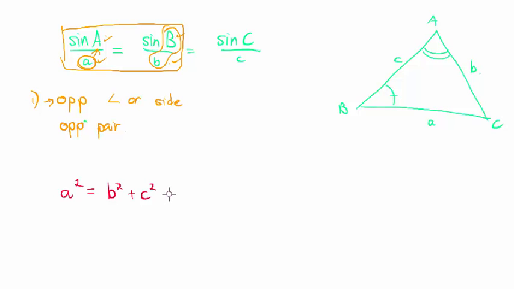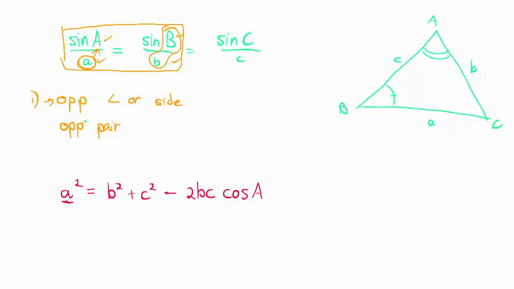It's not a right triangle, so it gets this extra expression at the back, minus 2bc cos, and the angle in here is the angle that's opposite side length a.